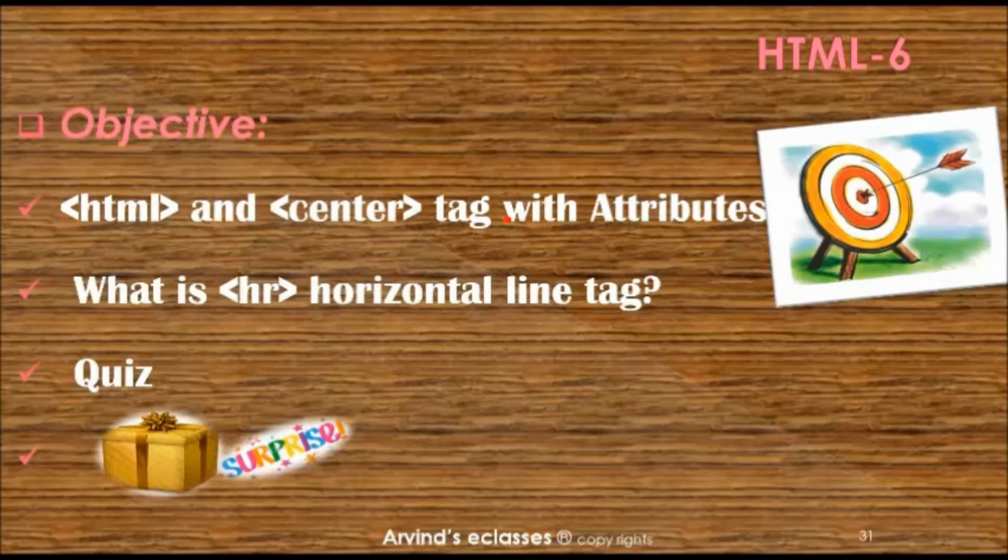So without wasting time, let us start. Here we are going to discuss the HTML tag and it has around 2 attributes. Next we have the center tag. Third we will discuss the horizontal line and it has around 4 attributes.